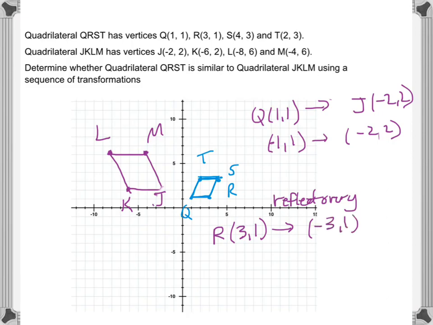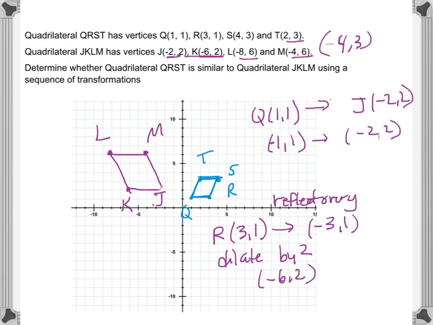And if then I dilate it by a factor of 2, that would be (-6, 2). Does that get me K? And it does, right there. So let's just visually check. If I take S and flip it over the y-axis, that would get you (-4, 3), and then I double both coordinates, it gets me that, and the same thing there.